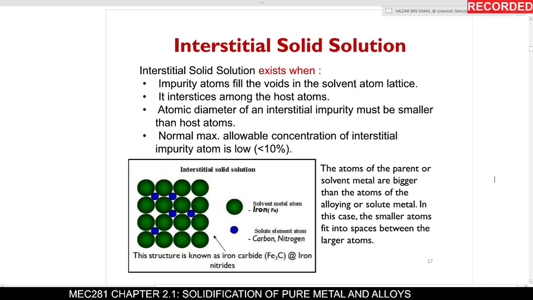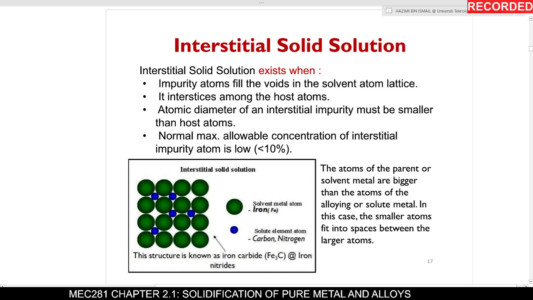So in the solvent atom lattice, the green one is the solvent atom, and the solute is the blue one here, filling the void between the solvent atoms. That's why we call it interstitial. The atomic radius of an interstitial impurity must be smaller.